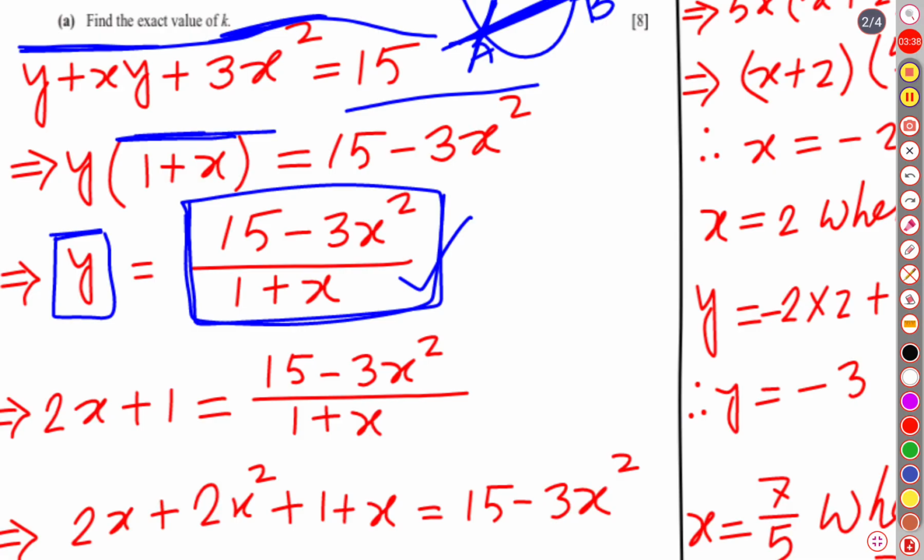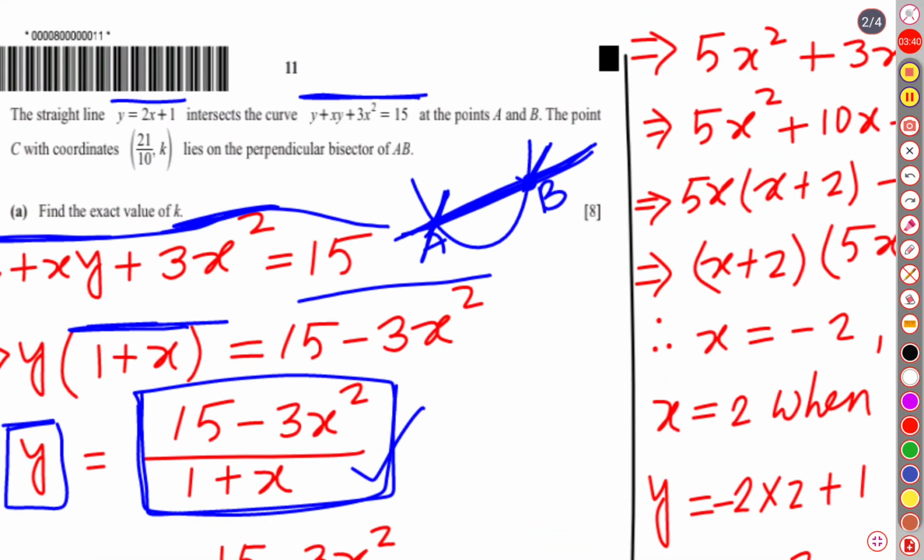As we have already come to know, the straight line intersects the curve at A and B. That means both of the y's are equal. Here y equal to 2x plus 1 is the equation of the straight line.